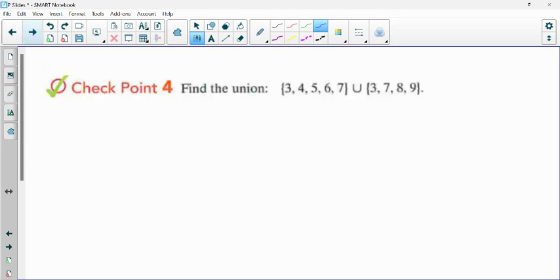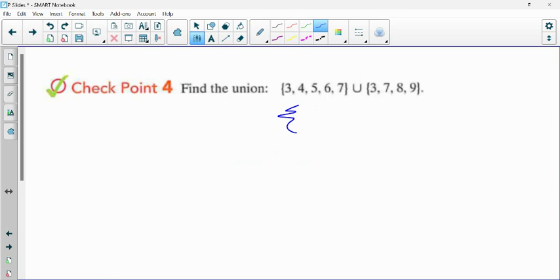All right, one more example, and then you'll have some time to work. 3, 4, 5, 6, 7, union 3, 7, 8, 9. Okay, again, union means or, so it can be in one or both of them.